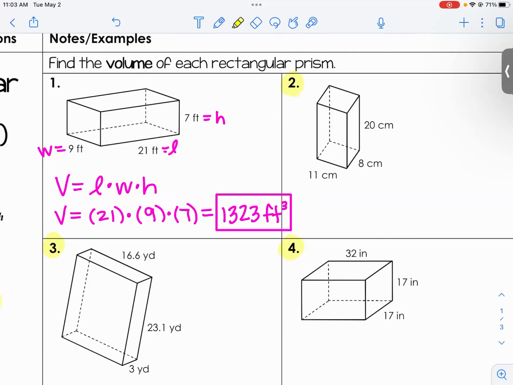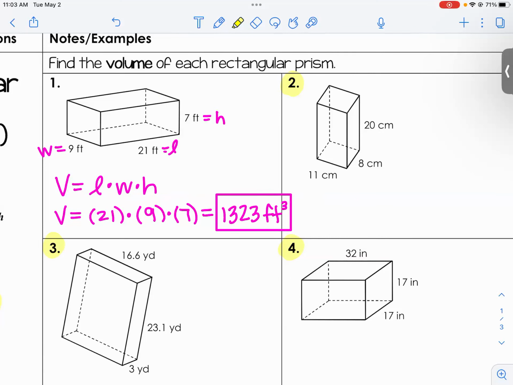Okay, so it appears that we have all four of them. For number two, Jada, what did you get for your volume? 1,767. No, that's 1,766.